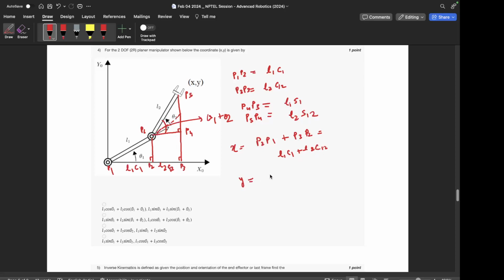Y is P5P4 plus P4P3, which is L1 S1 plus L2 S12. Alright, so the correct answer is L1 C1 plus L2 C12 and L1 S1 plus L2 S12. Okay.